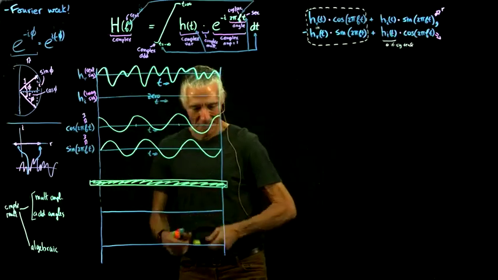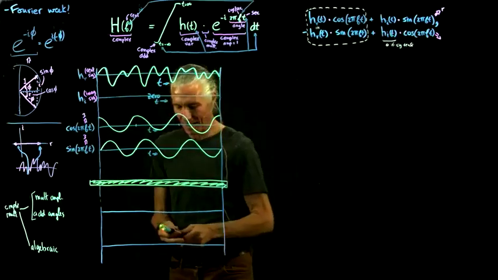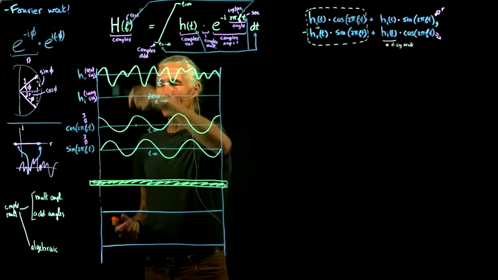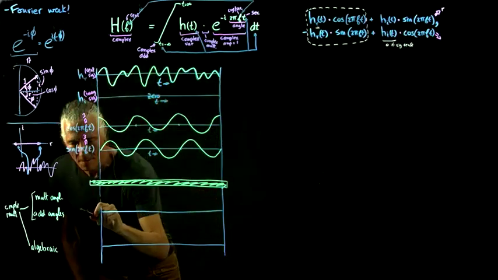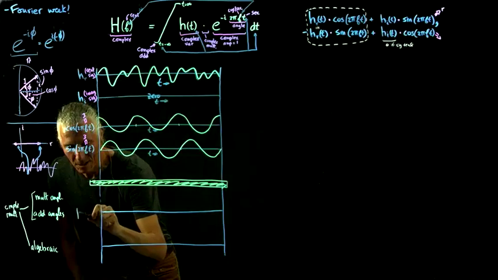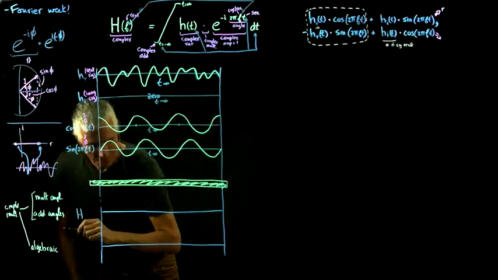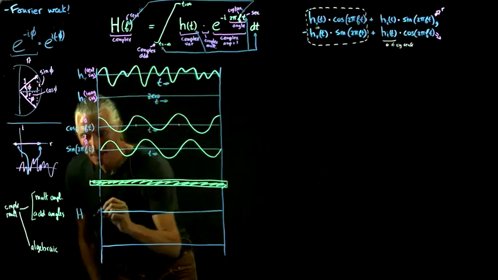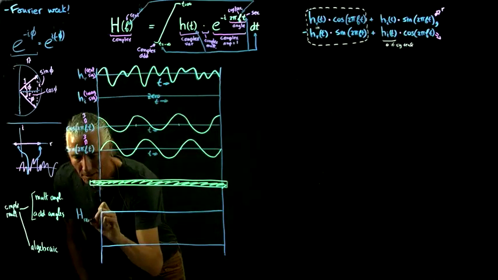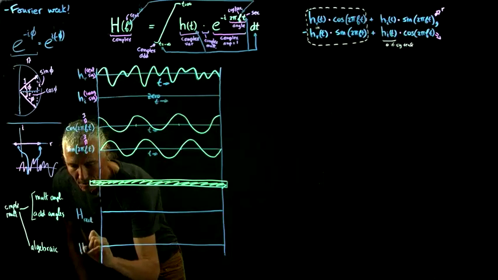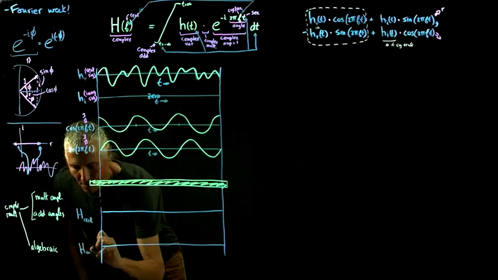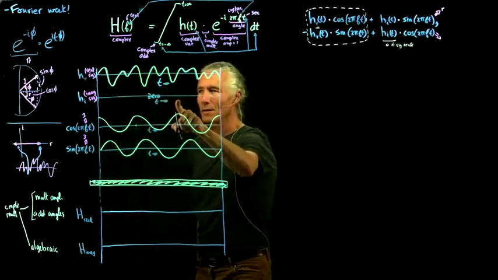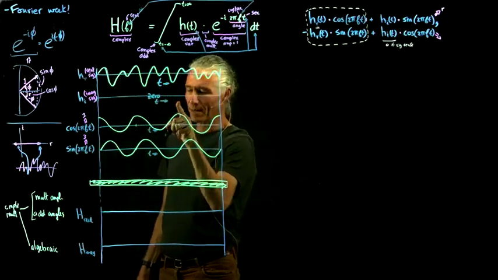Okay, so this is Fourier land, which is going to have this H, so that's after we transformed it from the small h. So that's the H real part. And here's the H imaginary part. So we're transforming two numbers, of which the first one always happens to have a 0 for the second number, into two numbers.